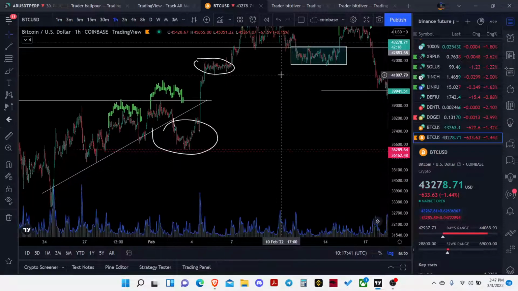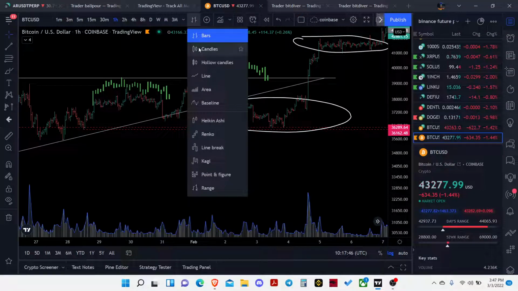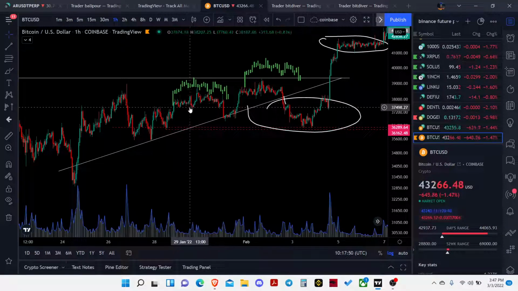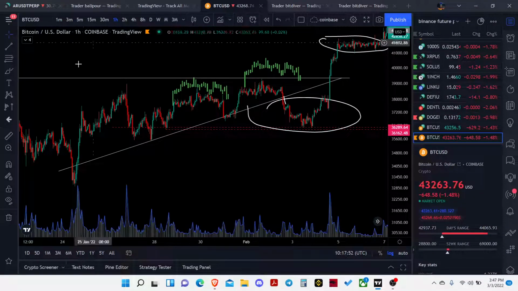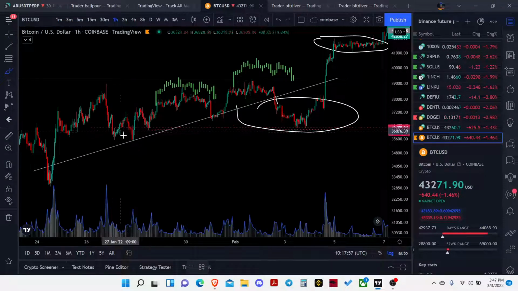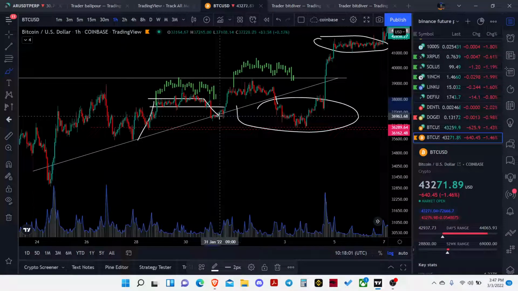So you can see this kind of distributive pattern. Most of the time, look at this. These patterns are distributive patterns. There is a big volatility spike at first, and then a volatility cooling off, then back down again.